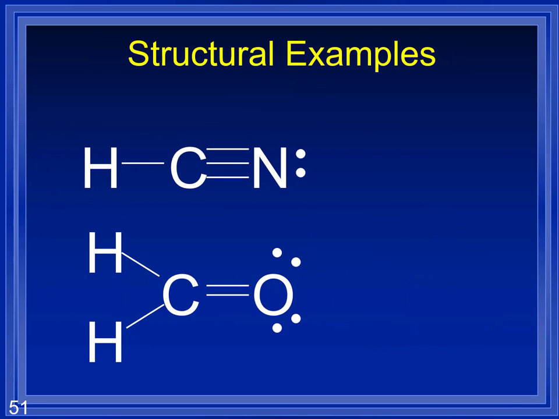I mean, so a triple bond would look like this. Three lines is a triple bond. So if I count, 2, 4, 6, 8 electrons on nitrogen.